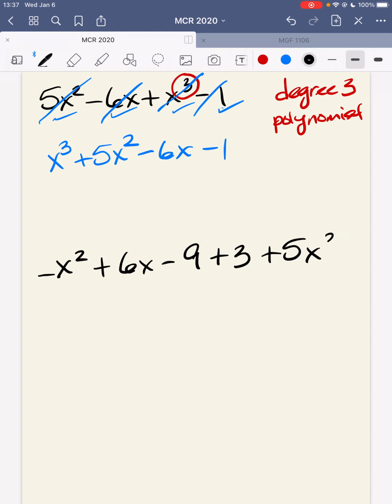Okay. What I want you to do is the same again. I want you to combine like terms if needed. Put it in descending order. Tell me what the degree is and name the type of polynomial it is. And again, pause this video and then try it, work it out, and then play again and see what the answers are.